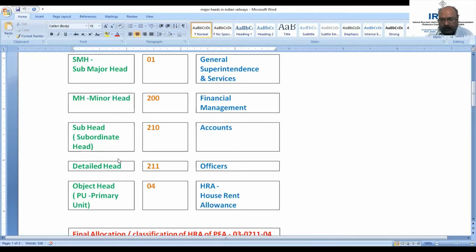All of you know the primary units: 01 basic pay, 02 DA, 03 PLB, these are stop primary units, and non-stop primary units. Primary units are different for revenue and capital. Some primary units are common, but most of the primary units are different for revenue, different for capital.